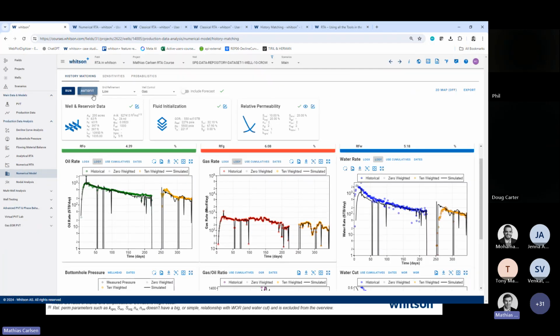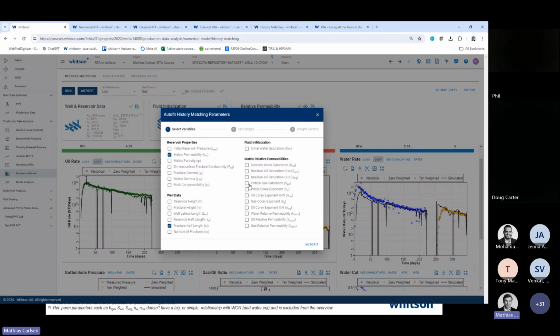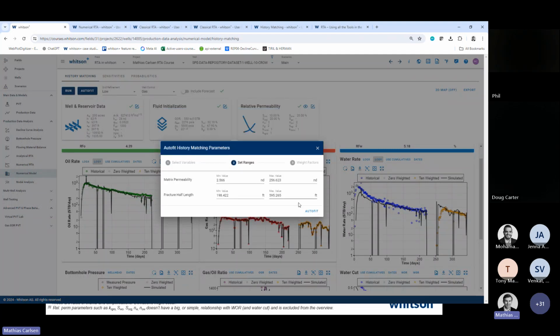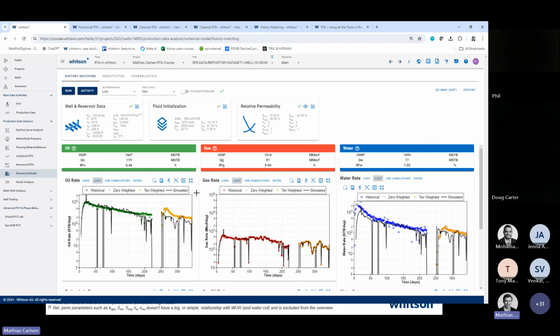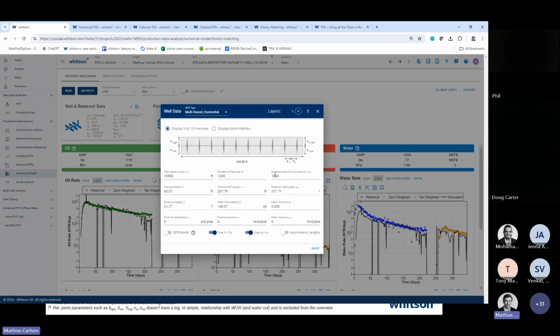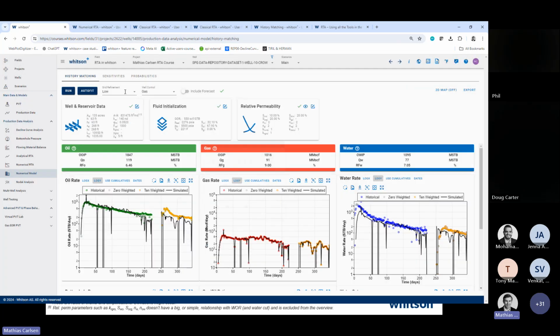And then in the autofit now, I can pick other parameters too, relative permeability parameters, etc. I provide the ranges and I click autofit. What the software does is running a regression. So we'll run this model time and time again until it finds whatever is the most optimal solution within that range of data.